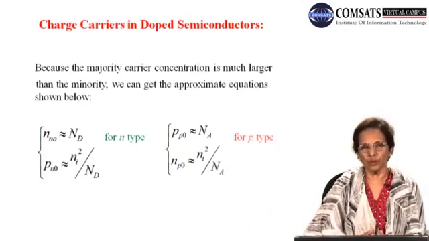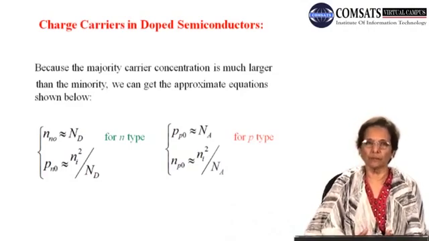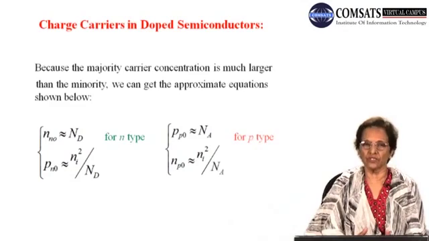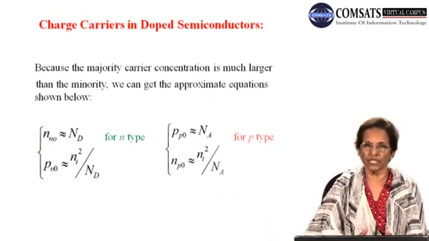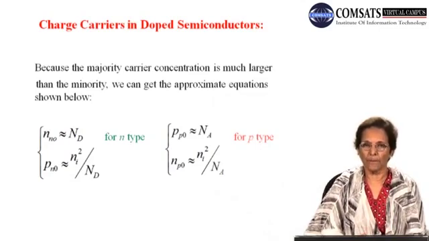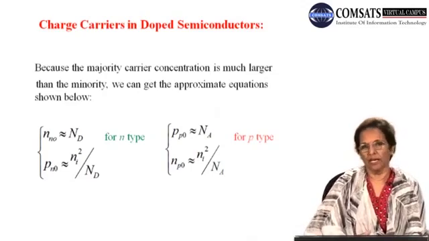So in thermal equilibrium, in a doped n-type semiconductor material, the concentration of electrons is designated as n, capital N being the concentration of free electrons in the conduction band. The subscript n refers to the type of the material, which is n-type, and 0 to thermal equilibrium.